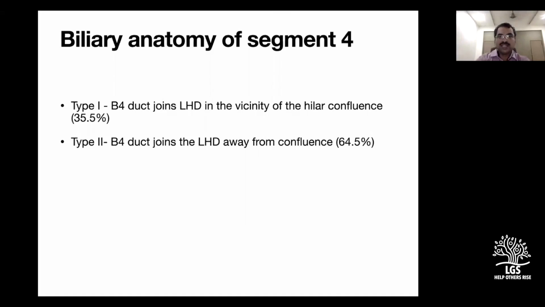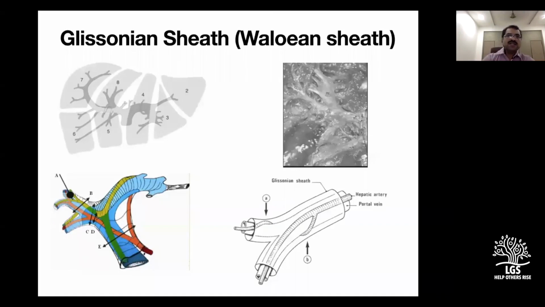The important thing is that in type 1, early involvement of this duct is the rule. So in patients with type 1 segment 4 anatomy, if you are doing surgery for hilar cholangiocarcinoma, you have to resect the quadrate lobe.